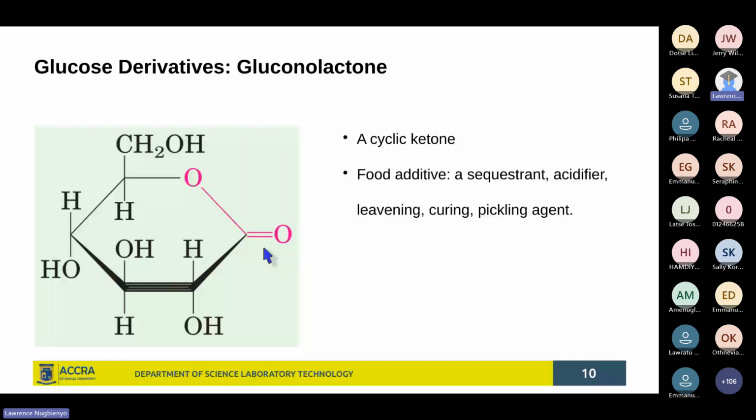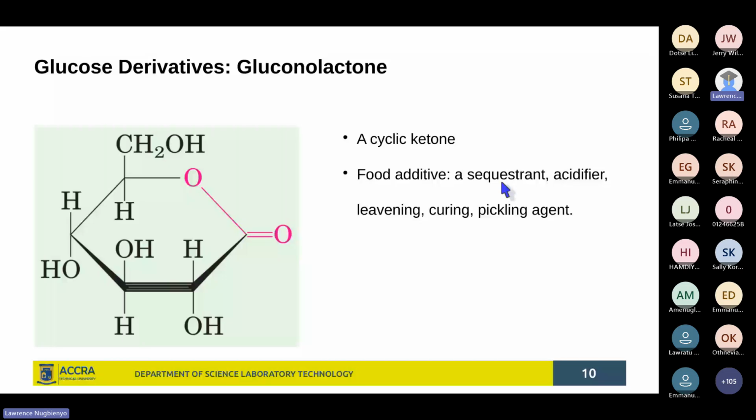come across this also as a food additive, used as, say, a sequestrant. Another way you can refer to a sequestrant is a stabilizer. So a stabilizer in foods with lipids, or fats and oils in them.